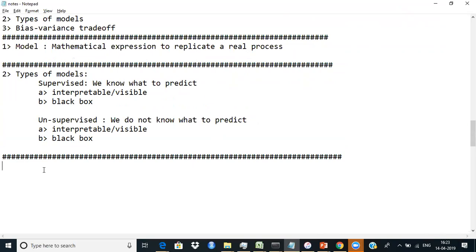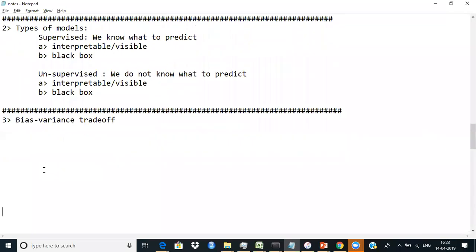Now, let's move on to the third concept, which is bias variance trade-off. To understand bias variance trade-off, two things need to be understood: what is bias and what is variance?